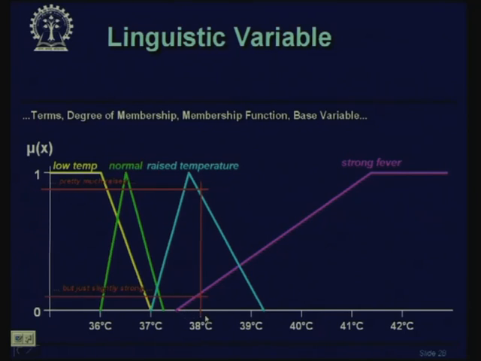So, you see from a crisp value we are coming to a fuzzy value. So, I am getting a membership value, and corresponding to that membership value I can have again a linguistic statement.